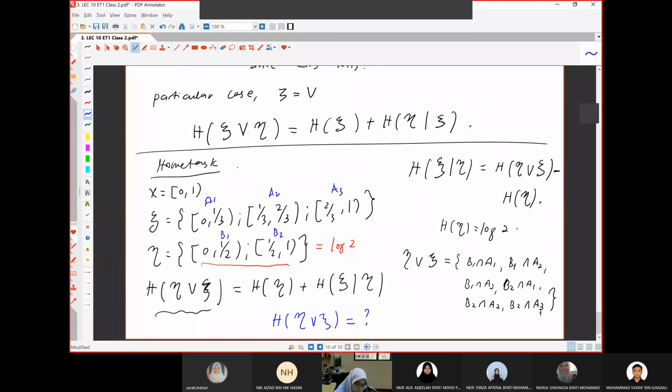You know H of eta is log 2, so that means log 2 plus something. If the left hand side gives log 2 plus something, and the right hand side also gives log 2 plus something, then your answer is verified. You have proof that the left hand side equals the right hand side. You can try this on your own as a home task and verify the formula.